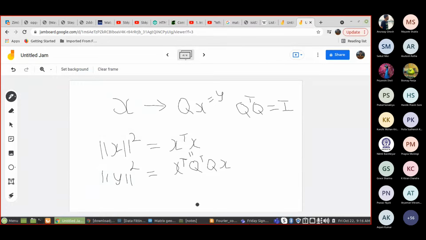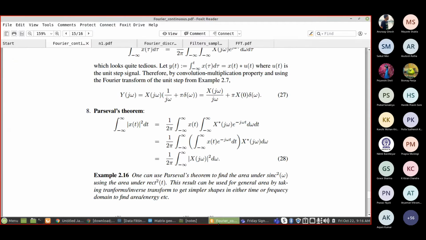And Parseval's theorem is basically saying the same thing, but in infinite dimensional spaces. Here we are using the Dirac delta basis in the time domain, and here we are using the exponential basis. These are coefficients in the exponential basis, and these are coefficients in the time basis, and the length of the vector, or energy, does not change.